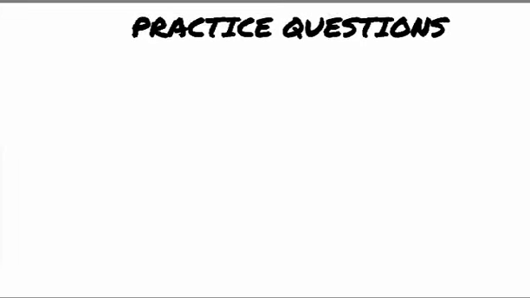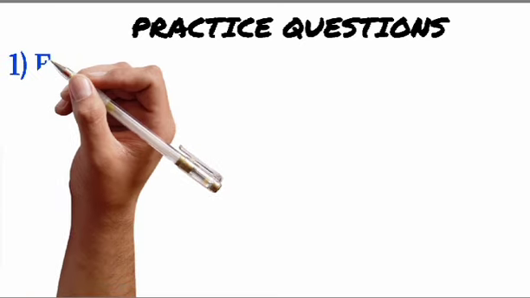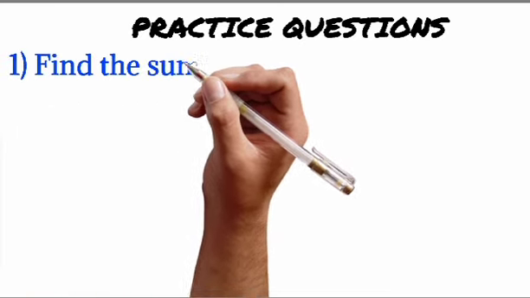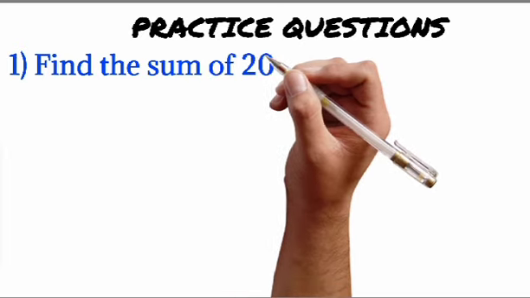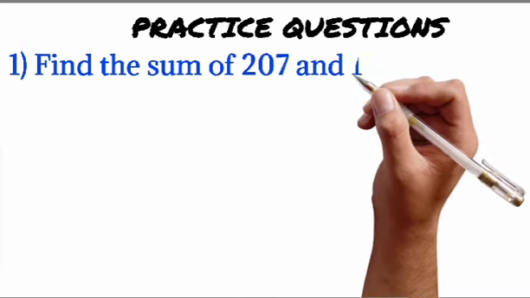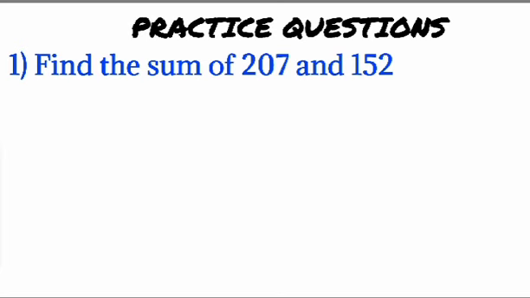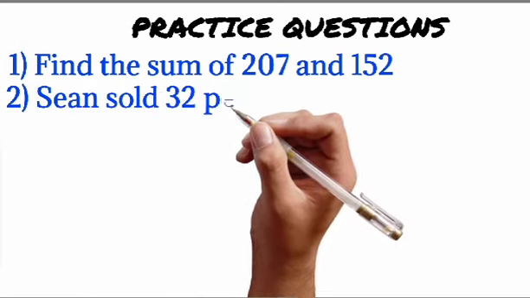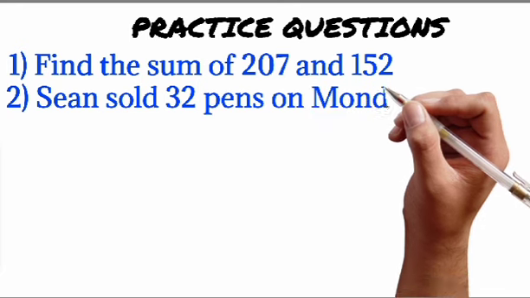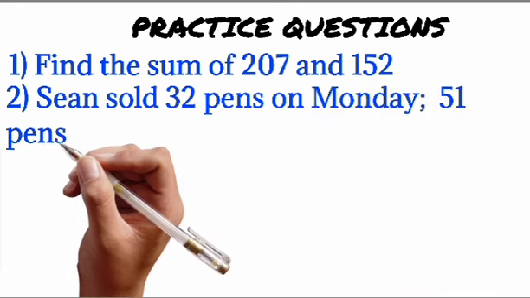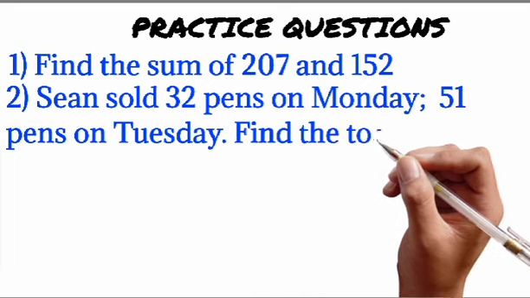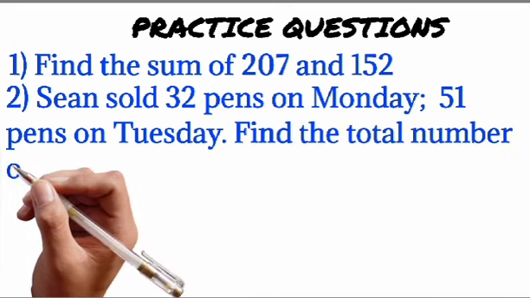Now let's go to the practice questions. Please just try and do this so that you'll be very, very good when you're doing your work on addition. So that in school, you'll be able to do it very well. Number 1 says, find the sum of 207 and 152. Number 2 says, Shan sold 32 pence on Monday, 51 pence on Tuesday.